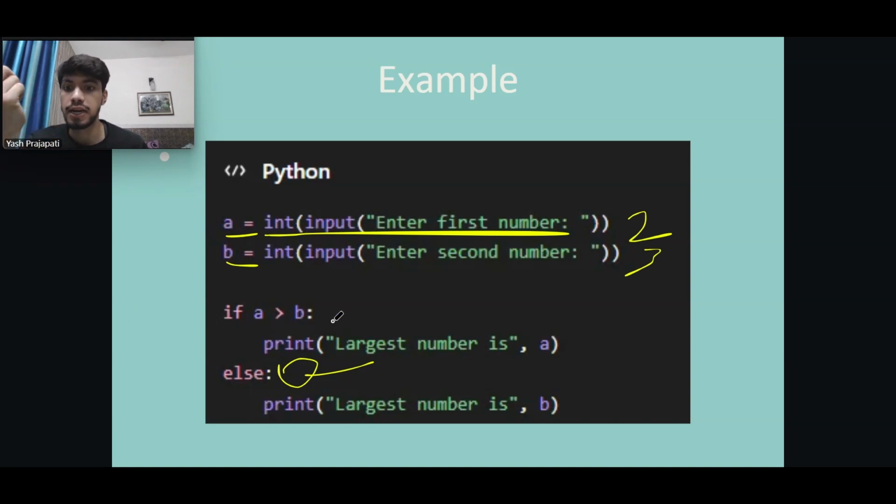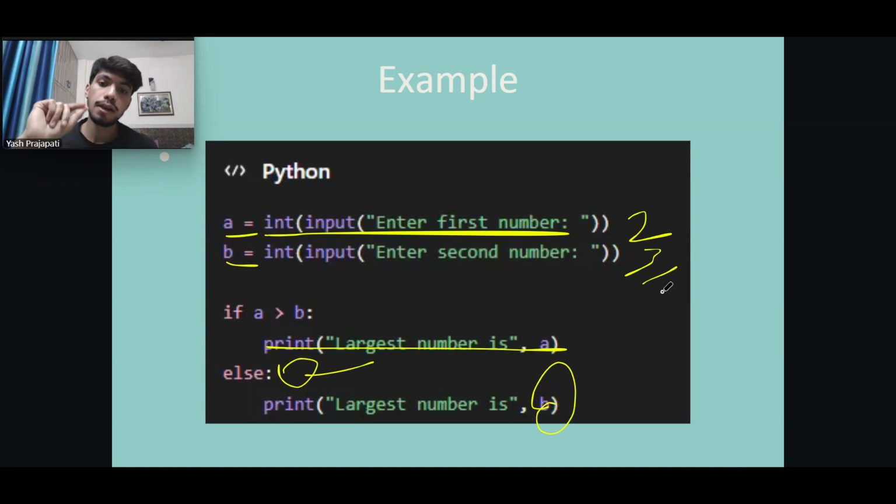If A is greater than B, 2 is not greater than 3, so it will skip this statement and the else statement is executed. So it prints larger number is B, which is our number 3. So it will print the output: larger number is 3. Simple.